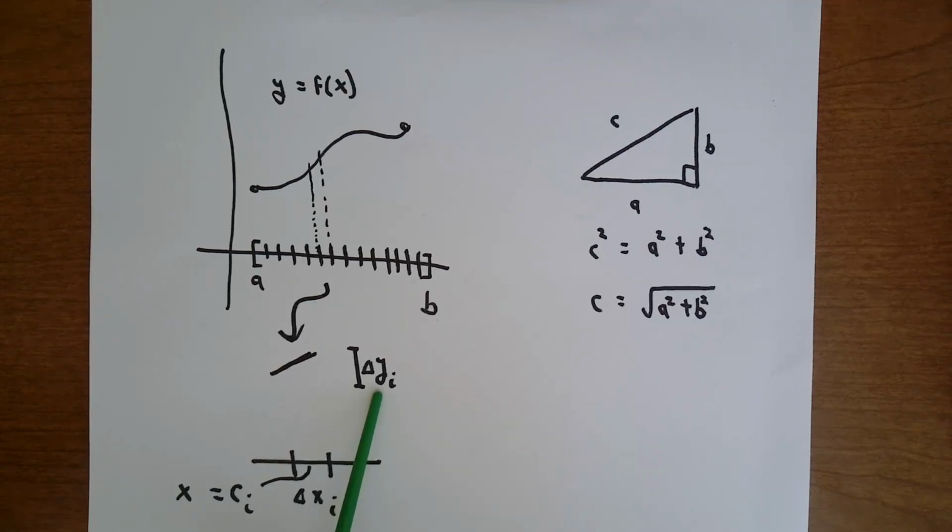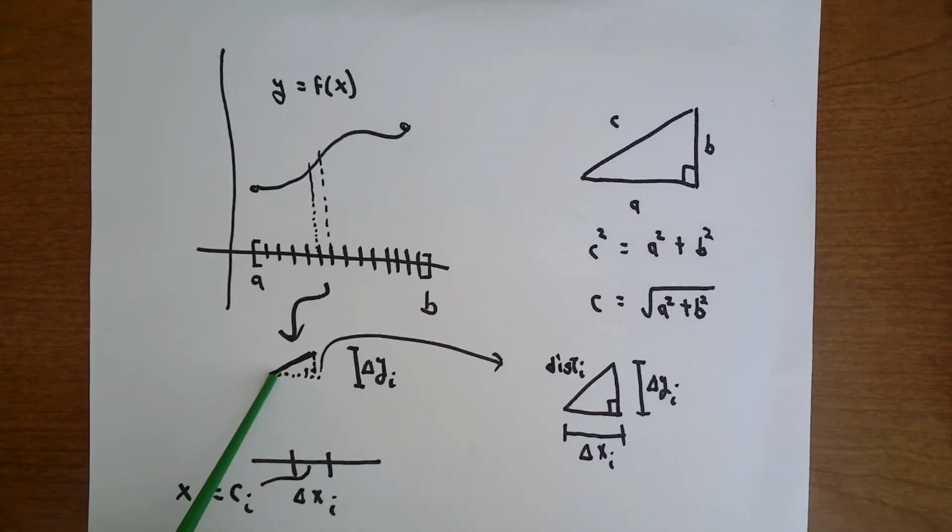This is how much the y coordinate on the graph changes when I'm looking at just chunk number i. At the beginning, I'm going to draw a horizontal line. At the end, I'm going to draw a vertical line. Take this picture and magnify it. I have delta x sub i across the bottom, delta y sub i vertically.